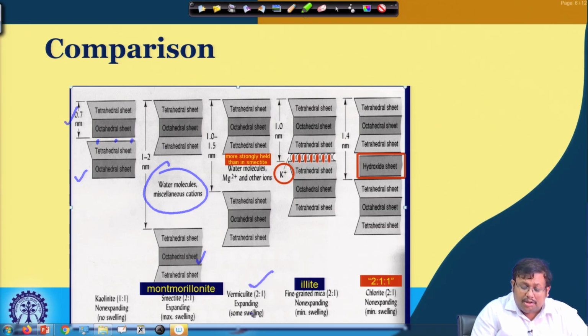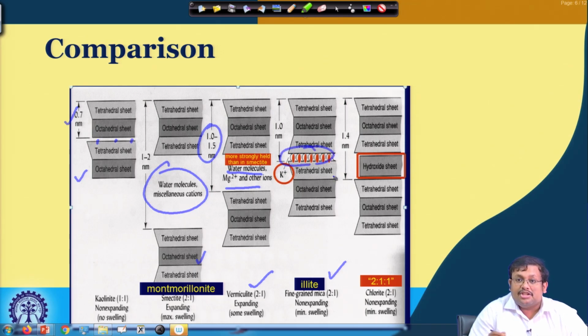Vermiculite is also a 2:1 type, expanding, with some swelling. It does not give as much swelling as montmorillonite, but it also gives some amount of swelling. The interlayer space is dominated by water molecules, magnesium and other ions. The d-axis spacing is 1 to 1.5 nanometer. Similarly, illite, which is a fine grained mica, is basically a weathered product of mica.